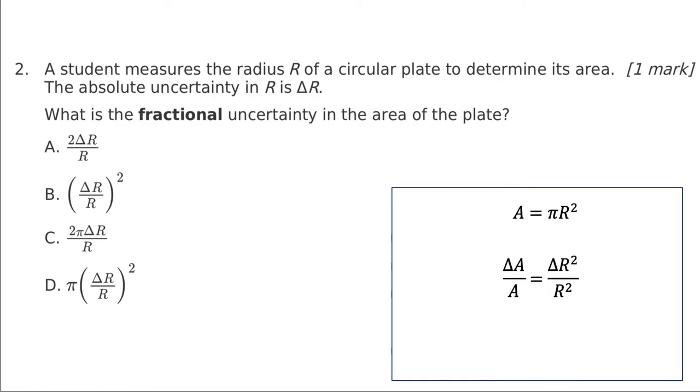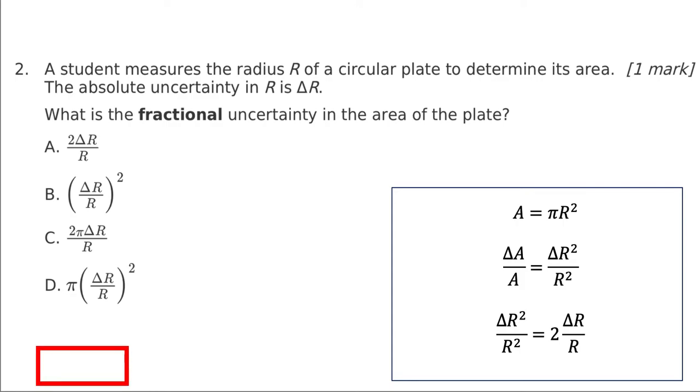So really, the percentage uncertainty in A is just going to be the same as the percentage uncertainty in r squared. Now you should be aware that to get the percentage uncertainty in r squared, all we have to do is double the percentage uncertainty in r. And that's why the answer here is A.